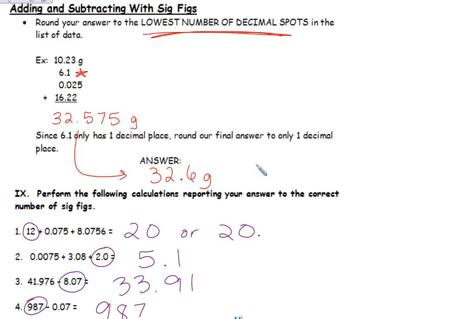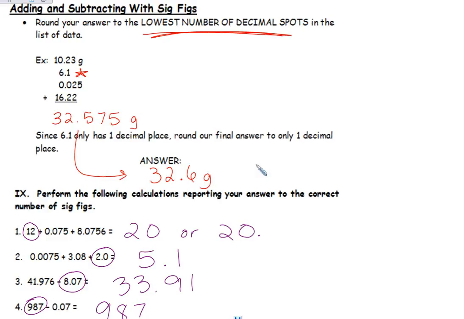In the lab, you probably won't need to worry about this. All of our electronic balances measure to 2 decimal places. So there are times when you might add or subtract masses, but you probably use the exact same electronic balance. So they'd all have the same amount of decimal spots.